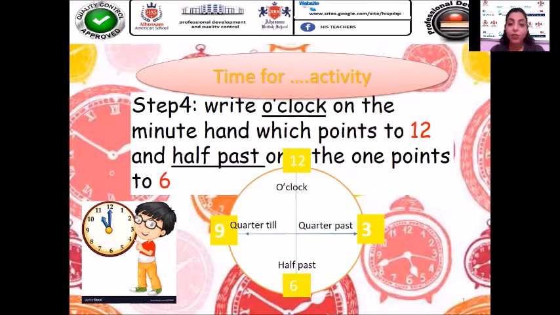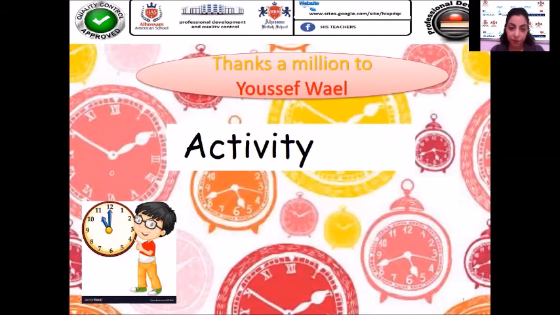So like that, you're done with your activity. And you will use it till you remember the needed words whenever you tell the time. For example, whenever you look at 3, you would say quarter past. Whenever you look at 9, you're going to say quarter till, and so on.